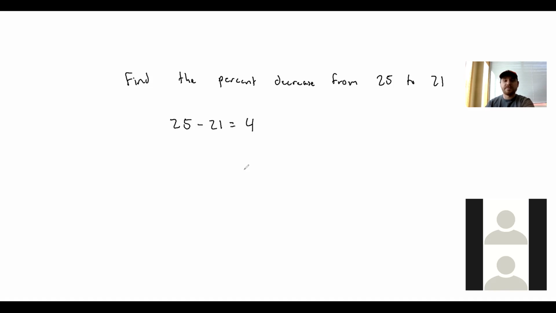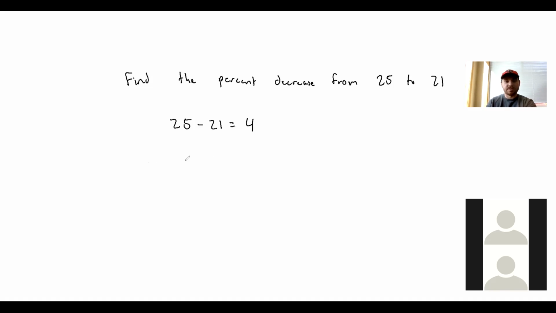Then what do we do with that amount of decrease? Times it by 100. Nope. Or make it into a fraction. A fraction with what on the bottom? 100. Nope. 10. What was your second step in the last one? 25.